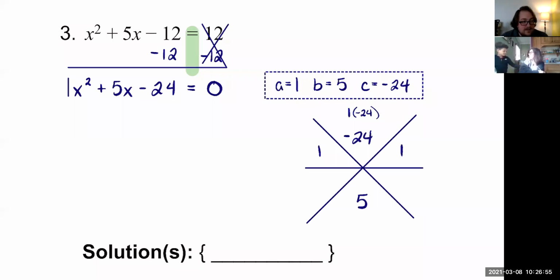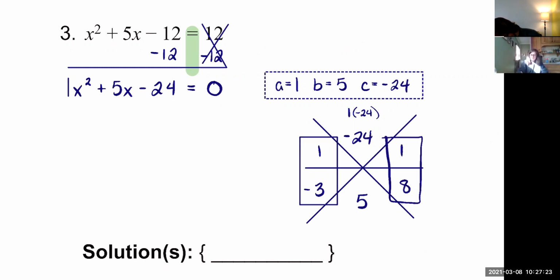We need two factors of negative 24 that also add to equal 5. Negative 3 times 8. So negative 3 times 8 gives me negative 24. Negative 3 plus 8 gives me a positive 5. So we got it first shot.